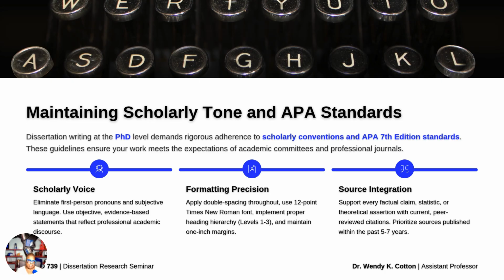So maintaining a formal scholarly tone instead of a conversational tone is absolutely essential when writing your dissertation. This is a technical document. This is not a document where you can use your creativity. So we want to avoid the use of first person pronouns like I, we, us.